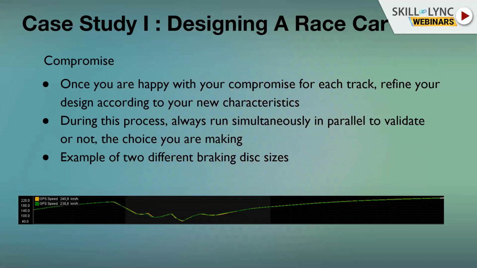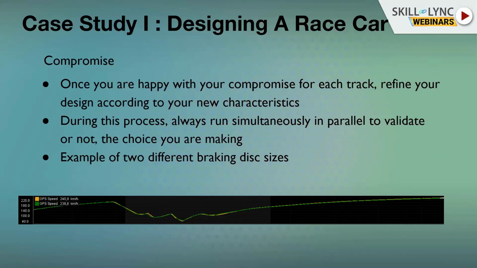And as always, when the car is first built, you will start to do some correlation. So you will run in parallel the simulations and also the test data. And in that sense, you will also see on the test track what is working and what is not working.